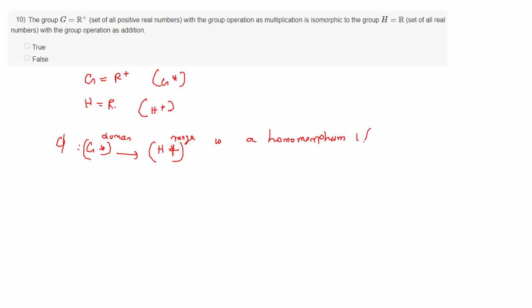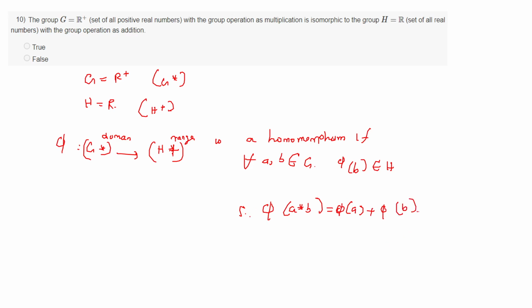A map phi is a homomorphism if for all a comma b belonging to G, there exist phi of a, phi of b belonging to H, such that phi of a star b is phi of a plus phi of b.